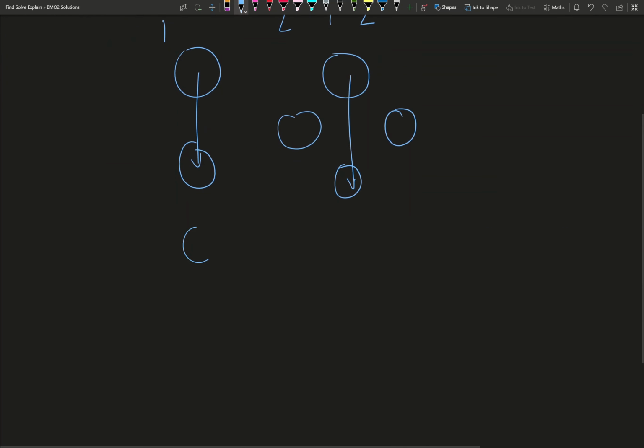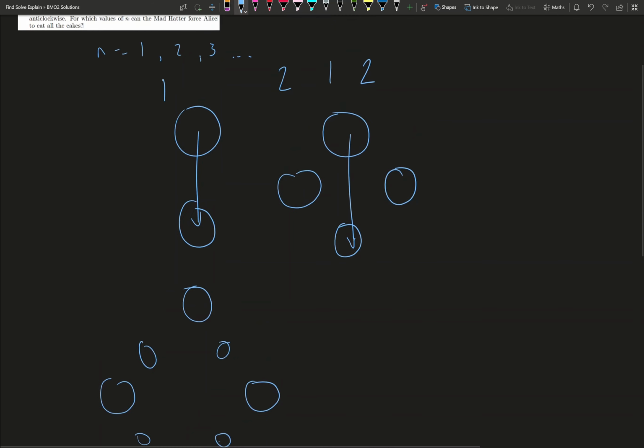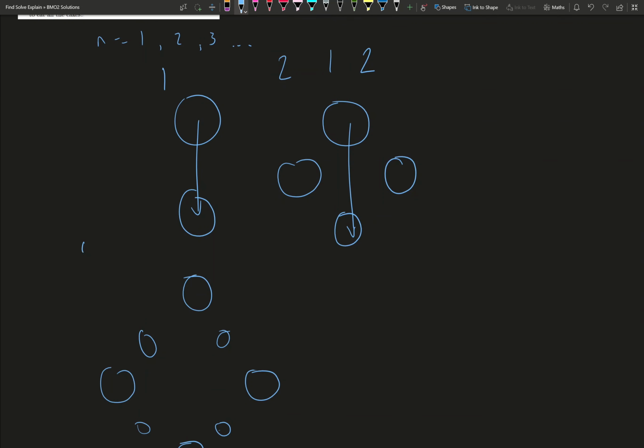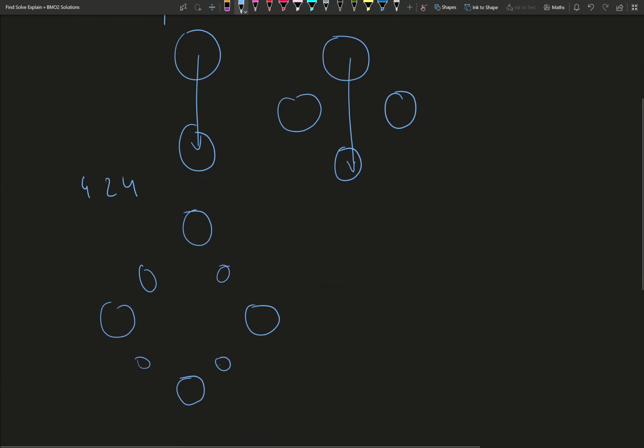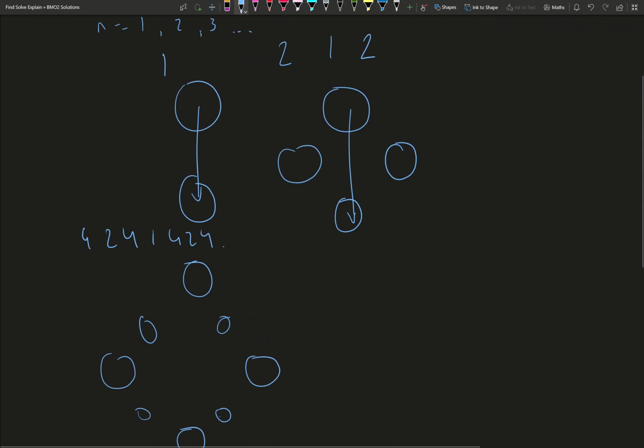For 8, we basically do 4, but we times it by 2. So it'll be 4, 2, and then 4. So we times each number in the list by 2. Then we shift by 1 onto the next one, and then we times each number by 2. And so here we start to see a pattern.